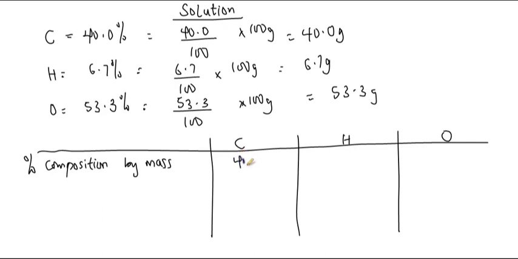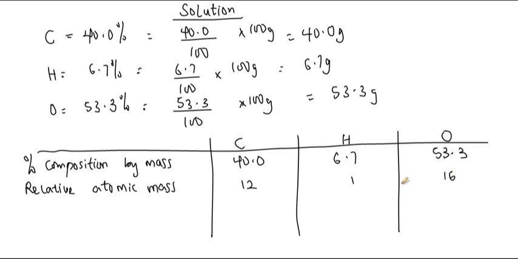This is 40.0, this is 6.7, and this is 53.3. The relative atomic mass for carbon is 12, hydrogen is 1, and oxygen is 16.